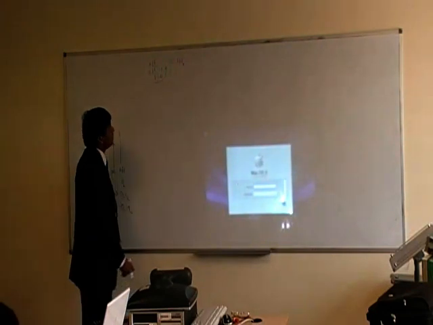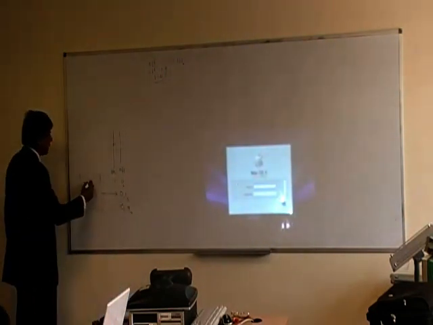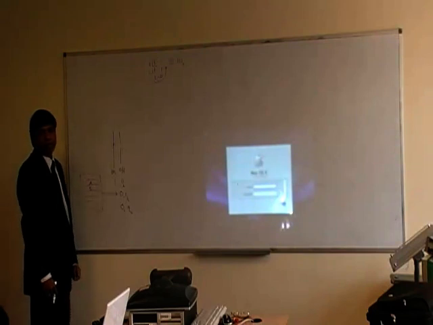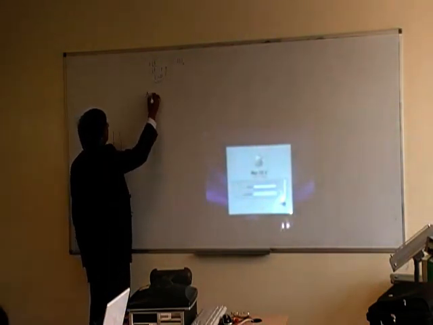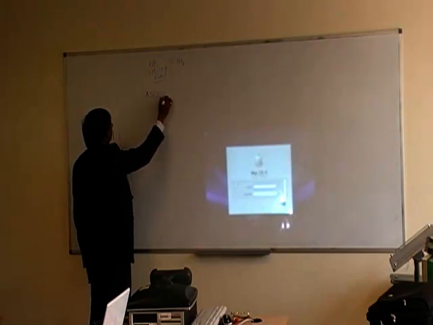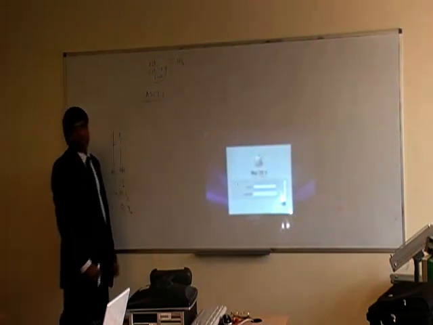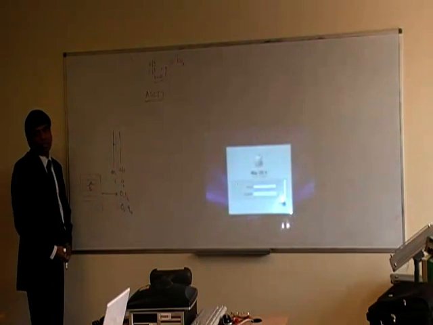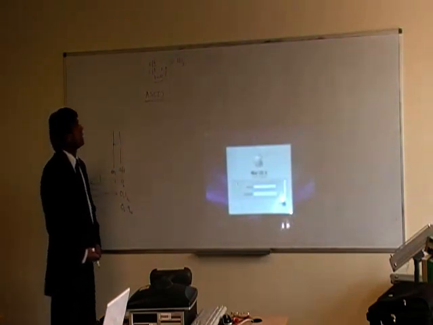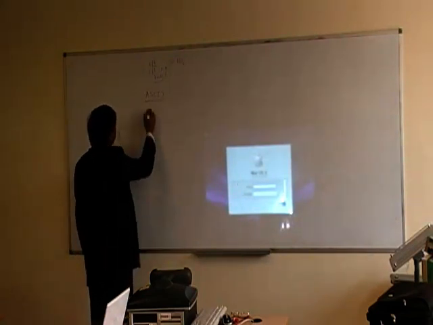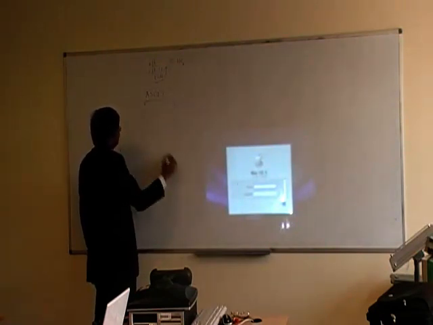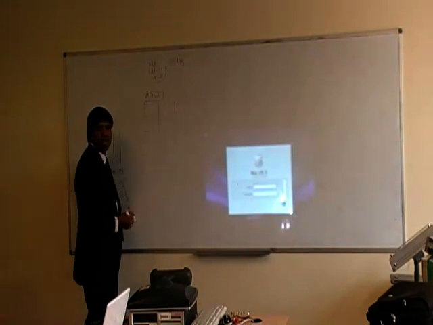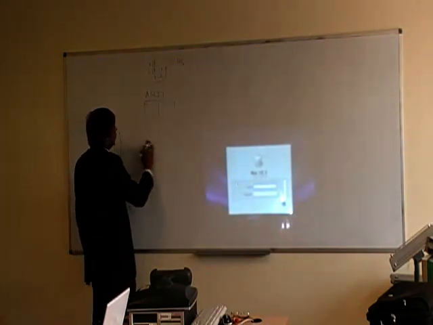That's one. Now we will see how we can convert a letter, say for example A. You may have heard about the ASCII table, American Standard Code for Information Interchange. This ASCII table consists of a lot of keyboard characters and corresponding numeric values.